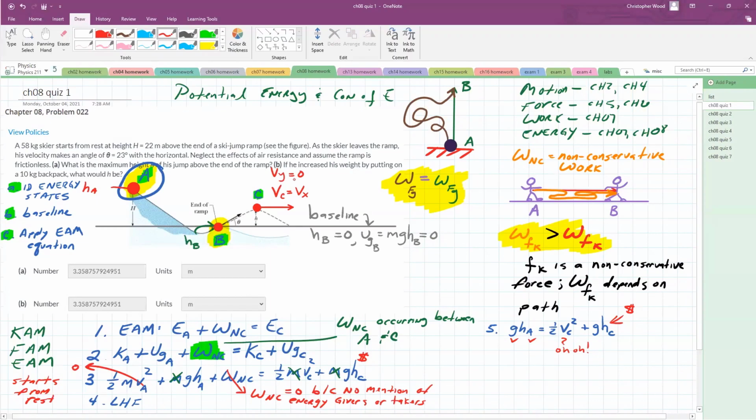This is two-dimensional projectile motion. It should look pretty familiar to you. So all I need to do is find v_C, also known as v_x.